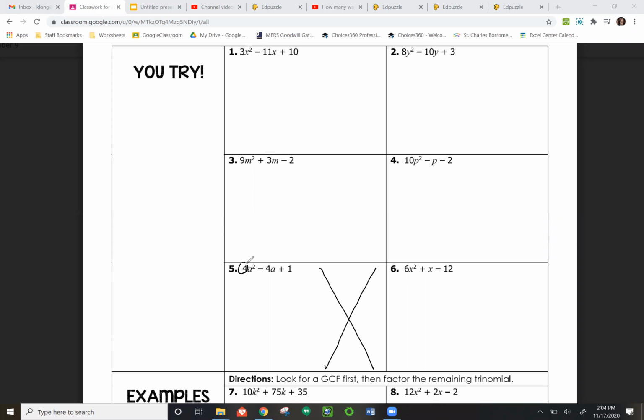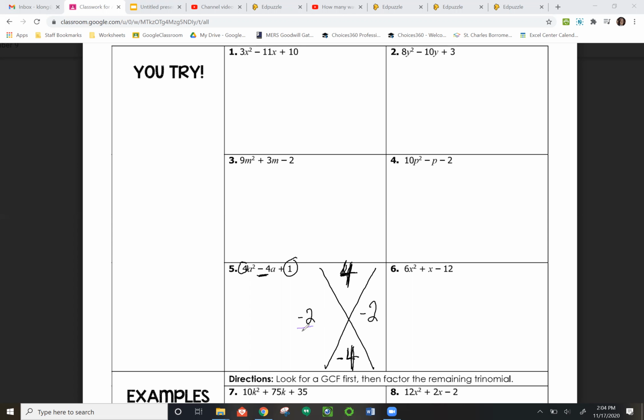We multiply the a and the c. 4 times 1 is 4. And then at the bottom, we put negative 4. I need 2 numbers that multiply together to give me positive 4 and add together to give me negative 4. Negative 2 times negative 2 is positive 4. And negative 2 plus negative 2 is negative 4. So those are my 2 numbers.